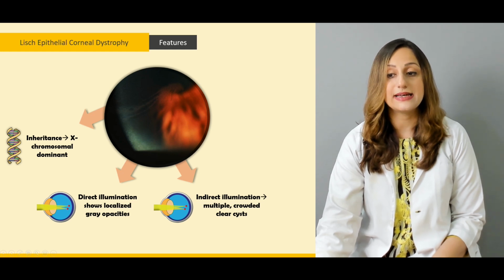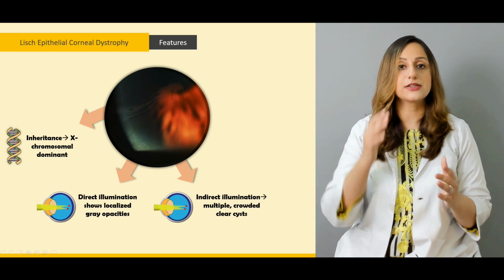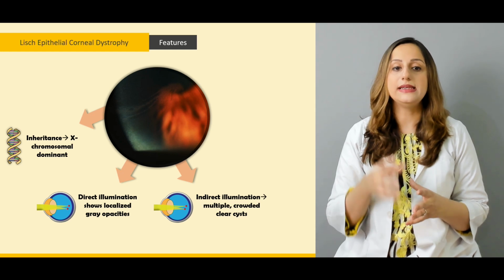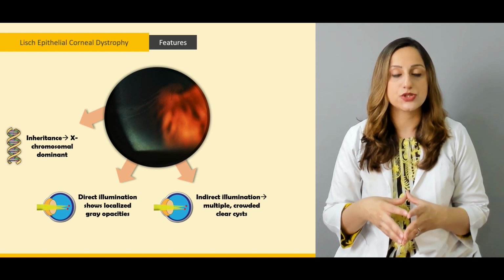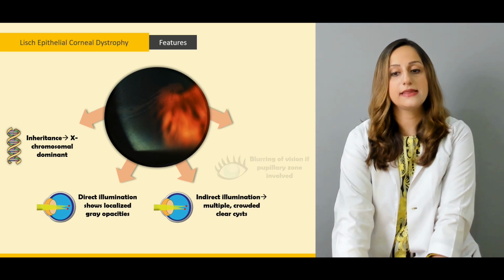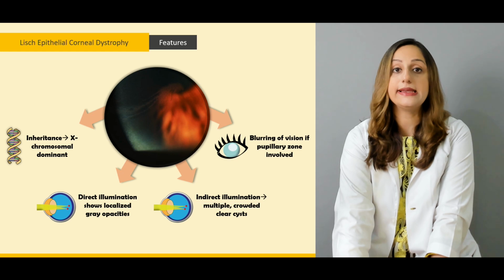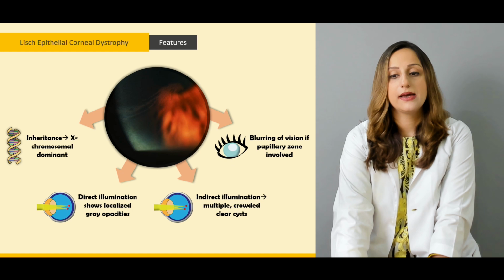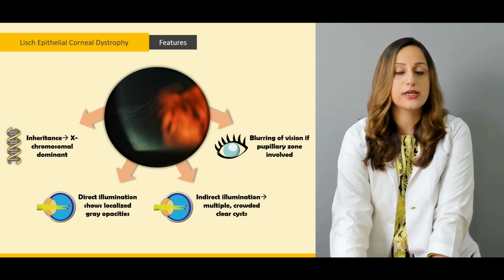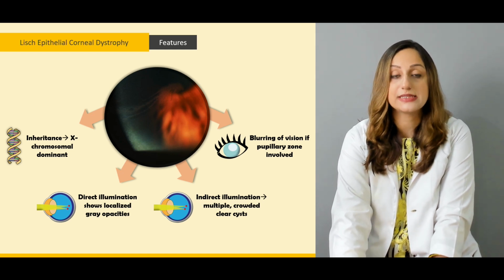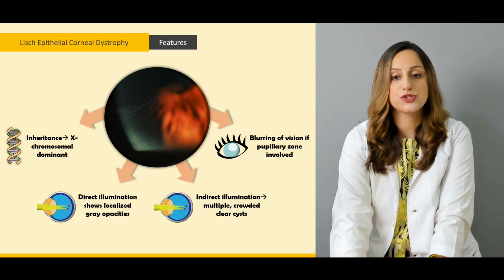This is the exact clinical picture that you would see for these patients. This is known as Lesch's epithelial corneal dystrophy, the appearance of cysts at the epithelial level. We can also observe the clear cysts at the level of the epithelium of the cornea. The patient would usually complain of blurring of vision if the pupillary zone is involved. And obviously, if the transparency of the cornea is affected, it is going to affect the vision of the individual.